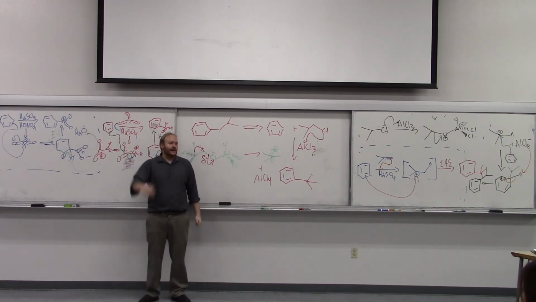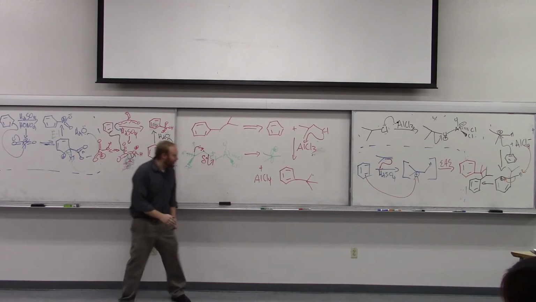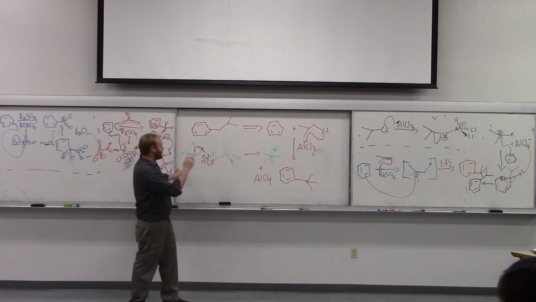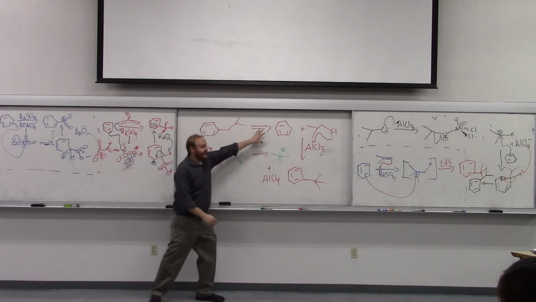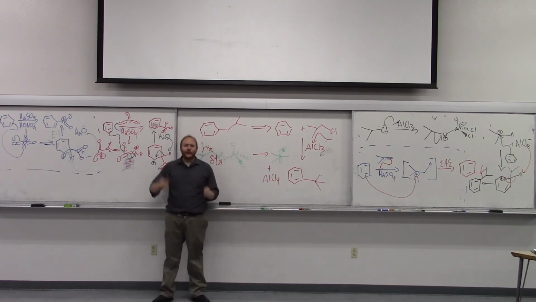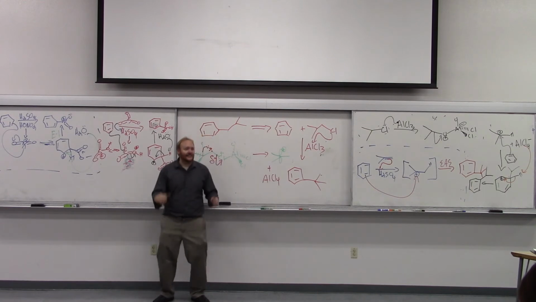The answer is not via a Friedel-Crafts alkylation. The answer is via a Friedel-Crafts acylation. So remember this: with Friedel-Crafts alkylations, because you form carbocations, rearrangements make things difficult, so be aware. With the Friedel-Crafts alkylation, rearrangements will and can happen.